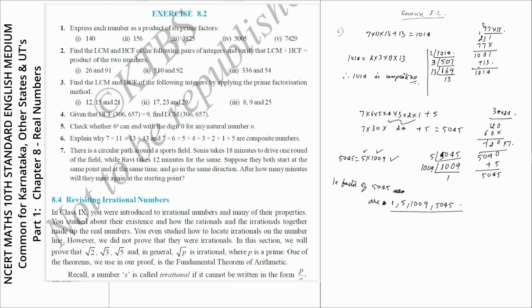So altogether there are 4 factors for 5045. So this is a composite number. If it were a prime number, it would have only 1 and the number itself as factors. So here there are 4 numbers which are factors of 5045. Therefore 5045 is a composite number.